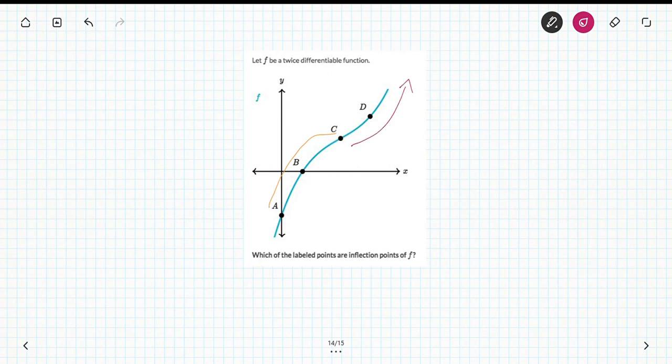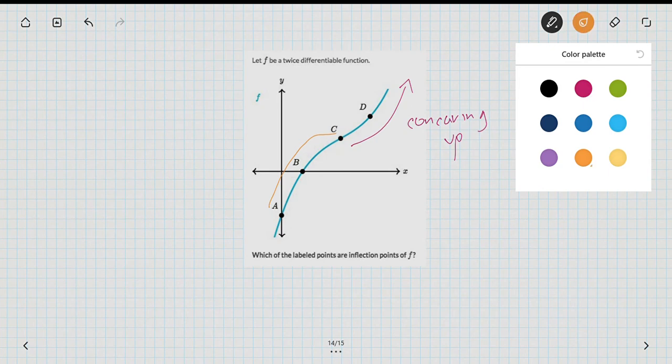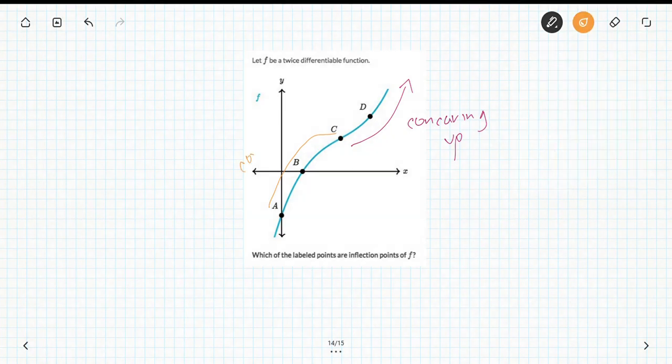So here you're concaving up, and in the yellow region you're concaving down. The special point in between those two regions is going to be C. So we're going to say that C is my inflection point. The question is, which of the labeled points are inflection points? Then C is my inflection point.